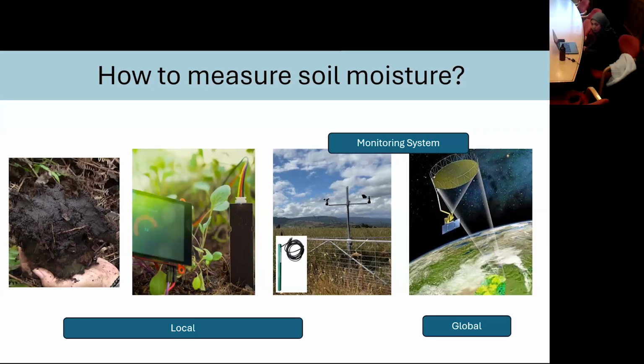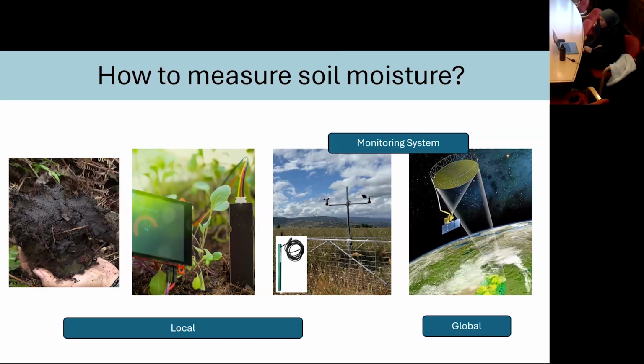After we know about the importance of soil moisture, these are the common ways of measuring it. The very traditional way is simply sampling the soil from the field, and then you weigh between the wet condition and the dry condition, and subtract between those two conditions.